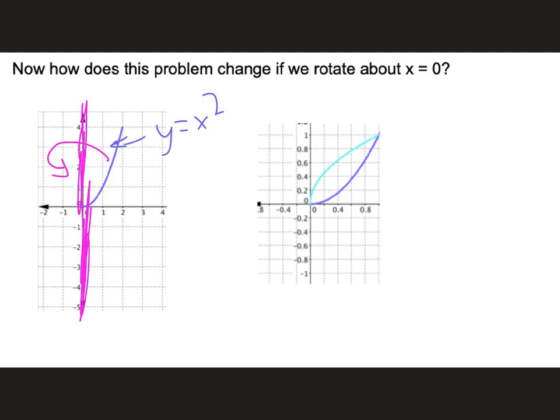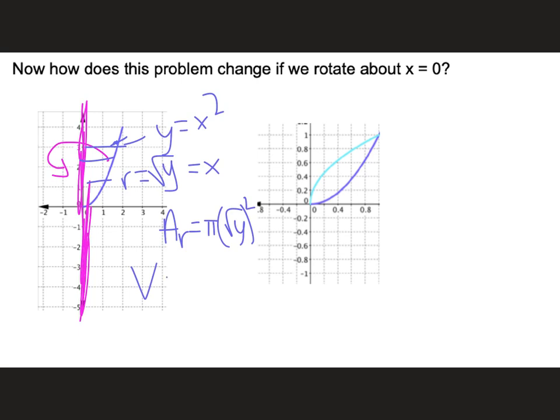And when we spun things around the x-axis or around a horizontal axis, we did things dx. Since we're spinning things the other way, we're going to do things dy. So I'm going to go ahead and solve for y. And that's the radius. The radius is the square root of y. The area, therefore, is pi times the square root of y, squared.